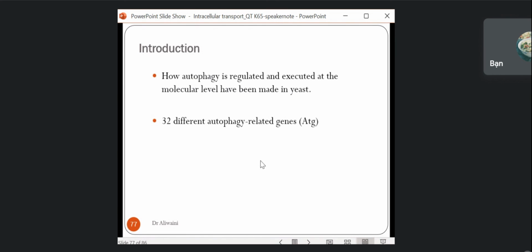So from yeast, the scientists figured out the 32 ATG genes involved in autophagy. Many of these genes are conserved in yeast, plants, flies, and mammals.